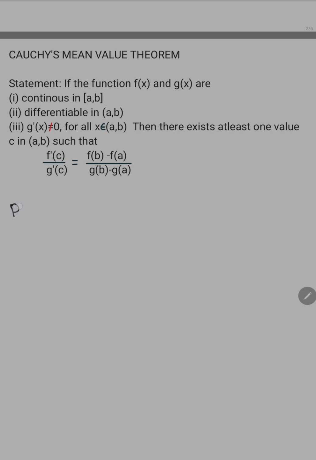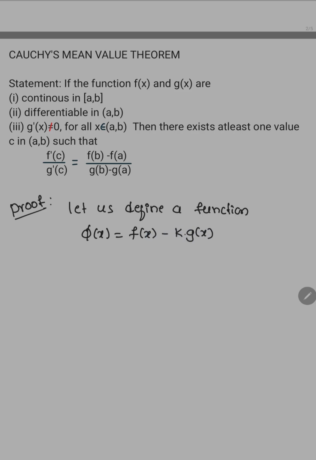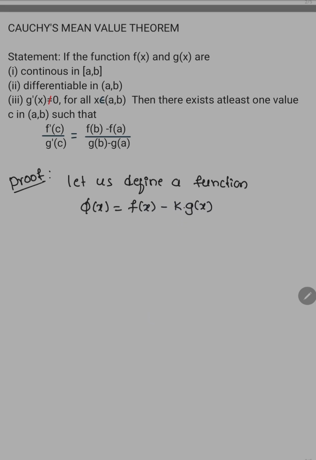So the proof of this theorem is, again let us define a function. That is also phi of x equals f of x minus k into g of x, where k is appropriately chosen.